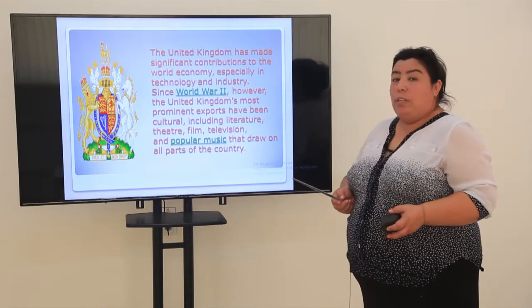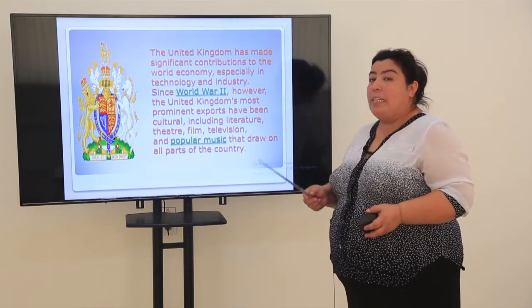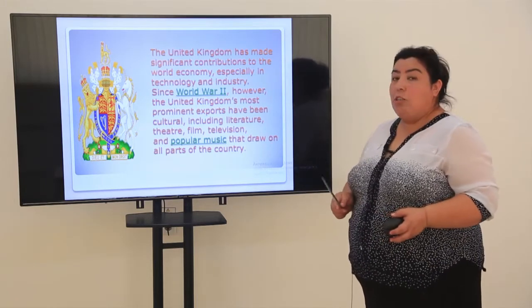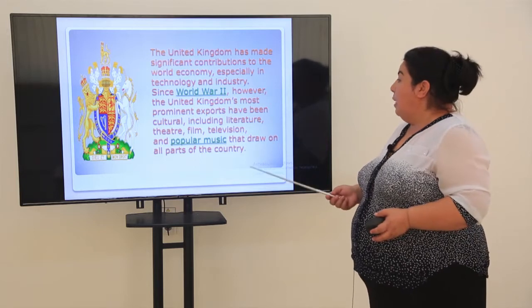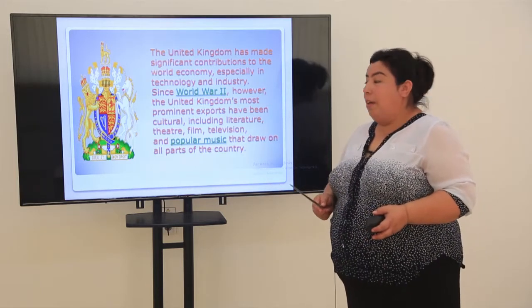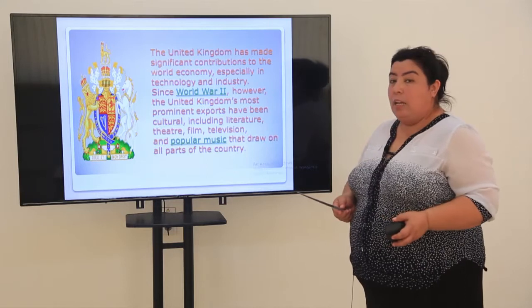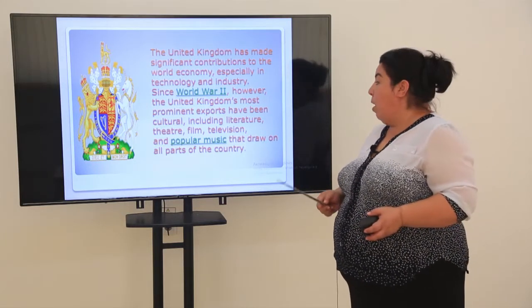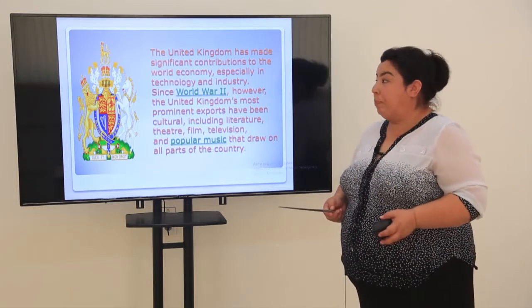Since World War II, however, the United Kingdom's most prominent exports have been cultural, including literature, theater, film, television, and popular music that draw on all parts of the country.